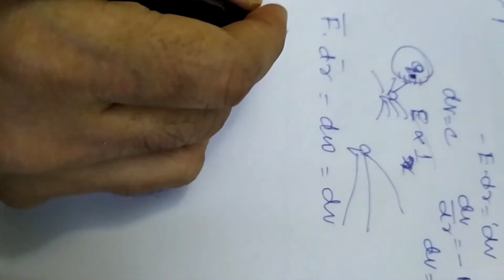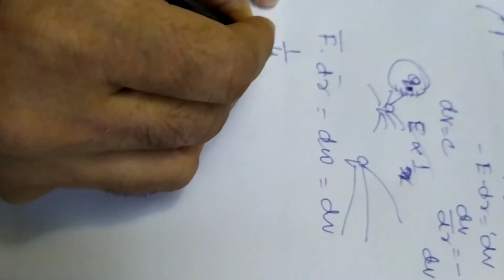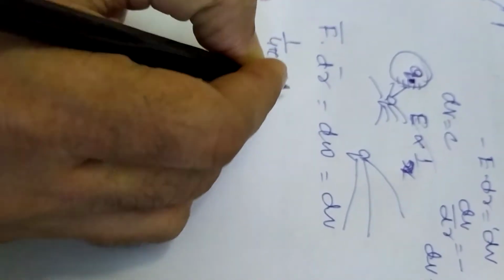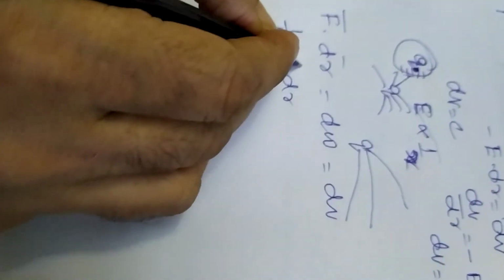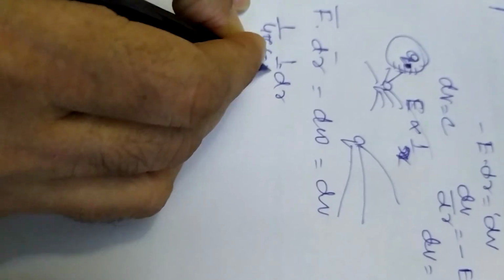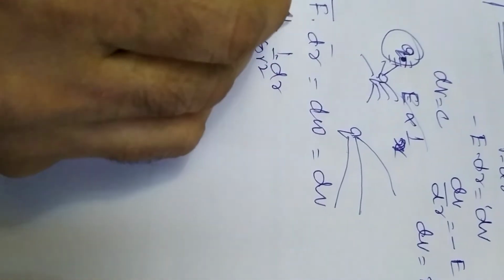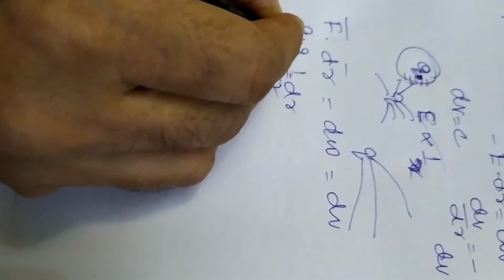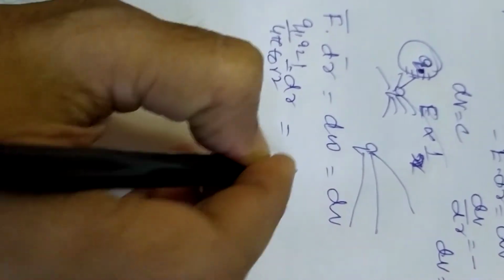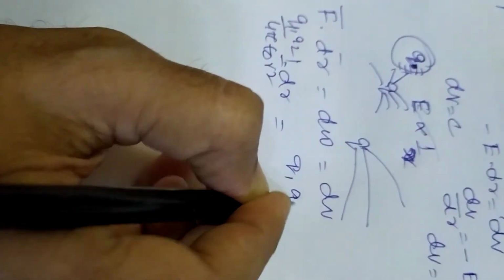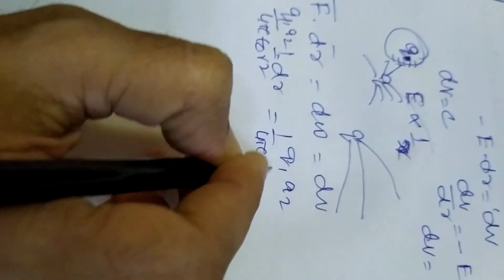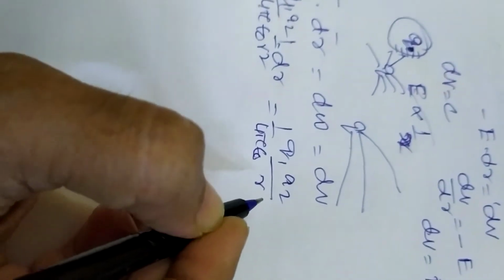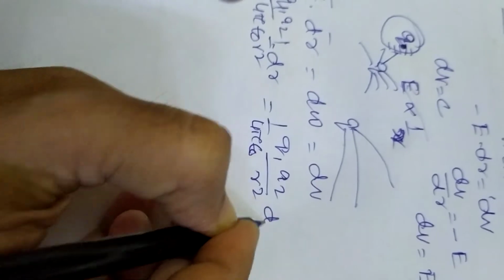In this way we can even derive it by taking Coulomb's law, 1 by 4 pi epsilon 0 into 1 by r square into dr, and here there are charges, we write Q1 and Q2. So Q1 Q2 1 by 4 pi epsilon 0, r square and into dr.